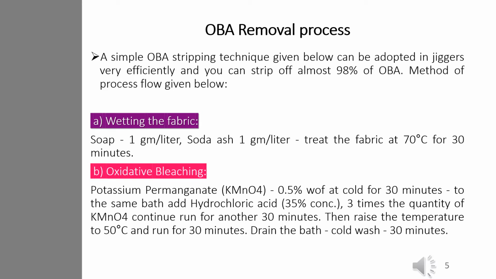OBA removal process. How can we remove the optical brightening agents? A simple OBA stripping technique given below can be adopted very efficiently, and you can strip off almost 98% of OBA.